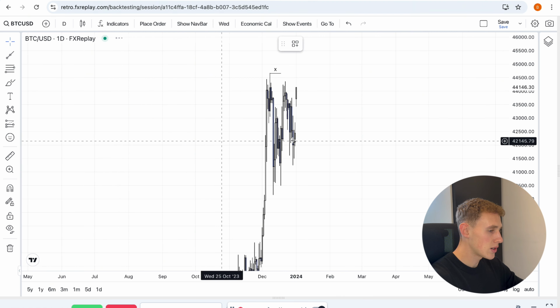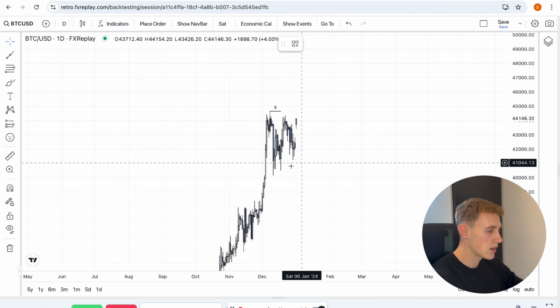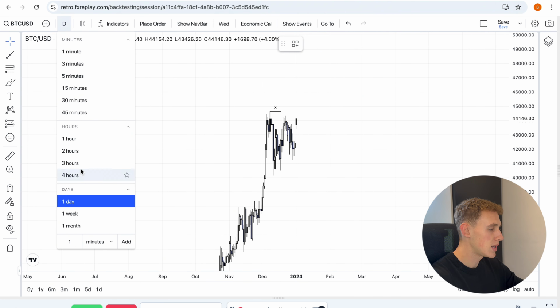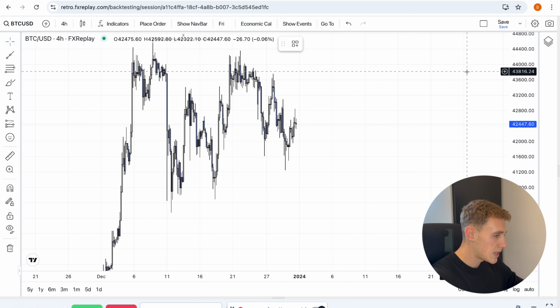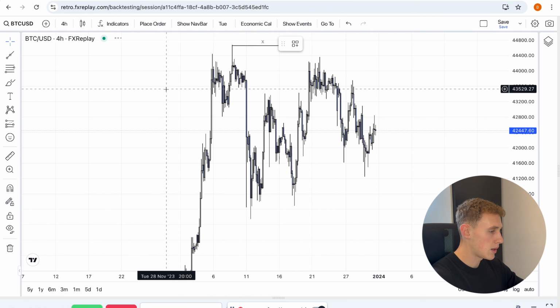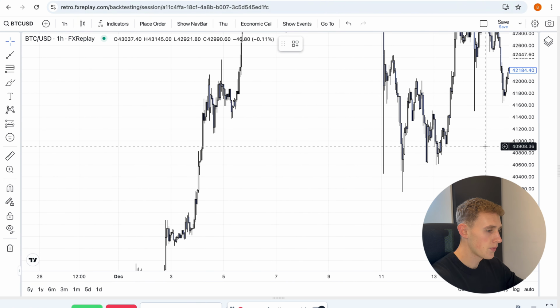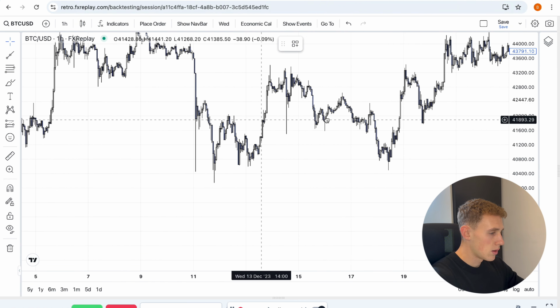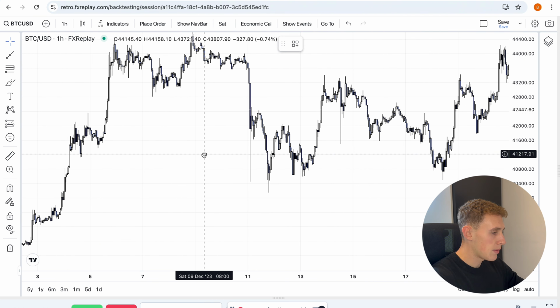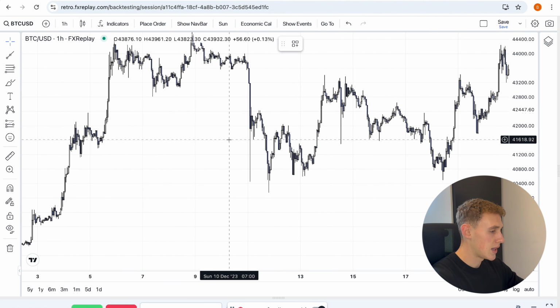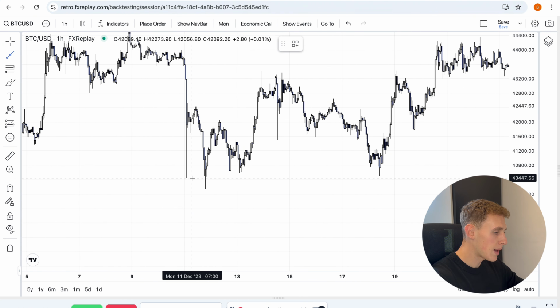At the moment, it looks like price is in quite range-bound conditions. It's consolidating a lot. But if we jump down onto the 1 hour to see some of the more refined structure, what we can see is that price kind of took out this area to the left. We grabbed these lows.